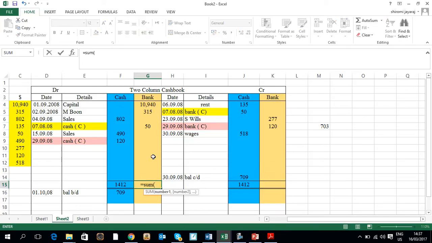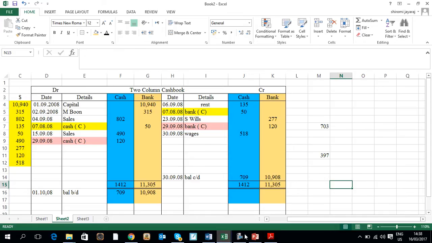You find the total of this. It is 11,305, and then you take away that from these balances. Therefore, from this balance, take away this, you will get 10,908. So this is how you complete a two-column cash book.